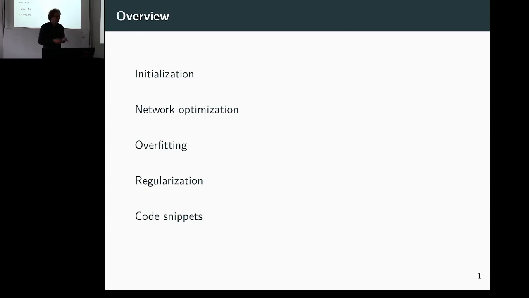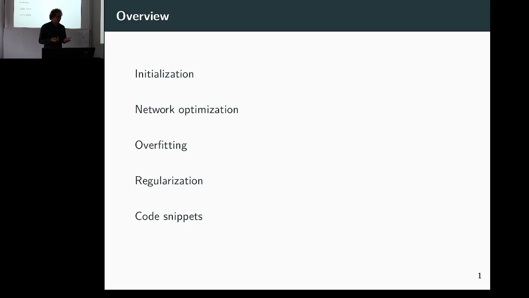Then we'll speak about network optimization, because so far everything that has happened was straightforward gradient descent, but there are more involved, more advanced versions of the method, and we'll see two of them today, RMSProp and Adam. And Adam is the default that we should all be using in the future if we start.